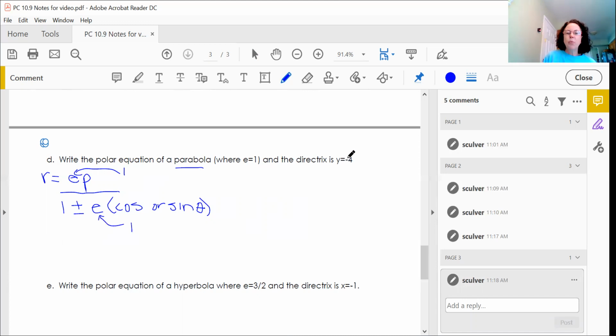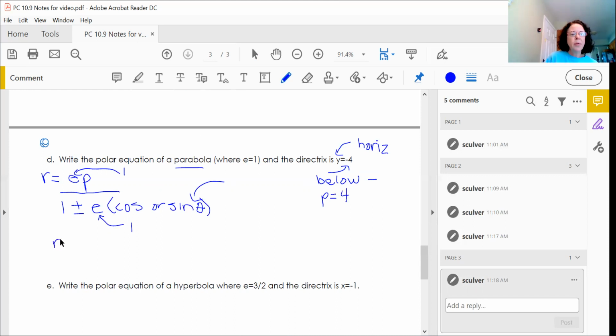The directrix is y equals -4. Notice y equals is horizontal, so we will choose sine. Notice that y equals -4 is below the pole, so we will choose negative, and our p is 4, because this directrix, y equals -4, is 4 away from the pole.